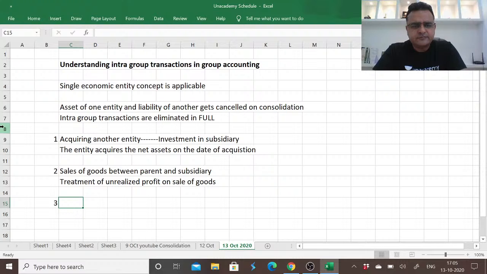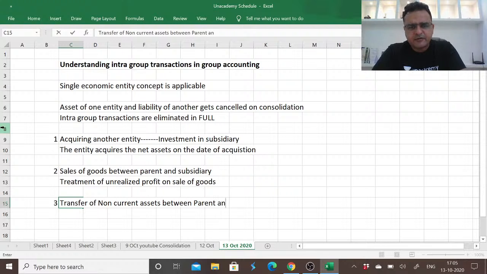Third is transfer of non-current assets between parent and subsidiary. Treatment of unrealized profit on non-current assets transfer.